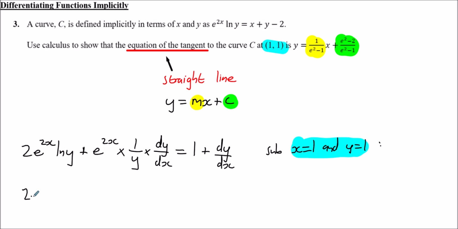So 2e to the 2x means 2 times 1, which is 2. ln y will be ln of 1, plus e squared times 1 over 1 dy by dx equals just 1 plus dy by dx.